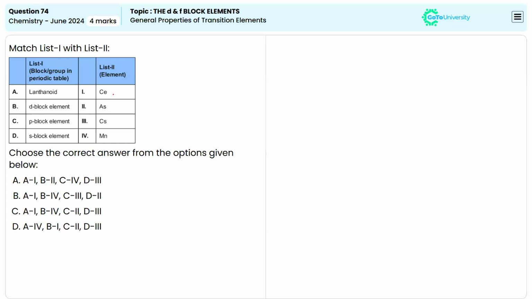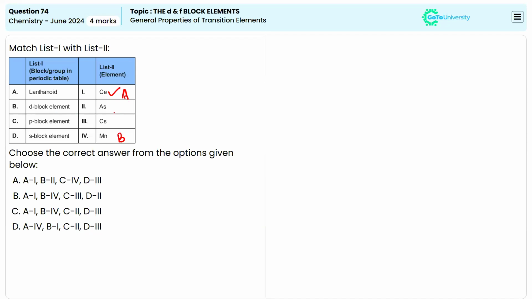Among these four: cerium, arsenic, cesium, manganese. From these four, lanthanide is cerium, right? That is always confirmed. Now coming to the D block element. D block element will be manganese. So this is A, and D block element is manganese, that is B.